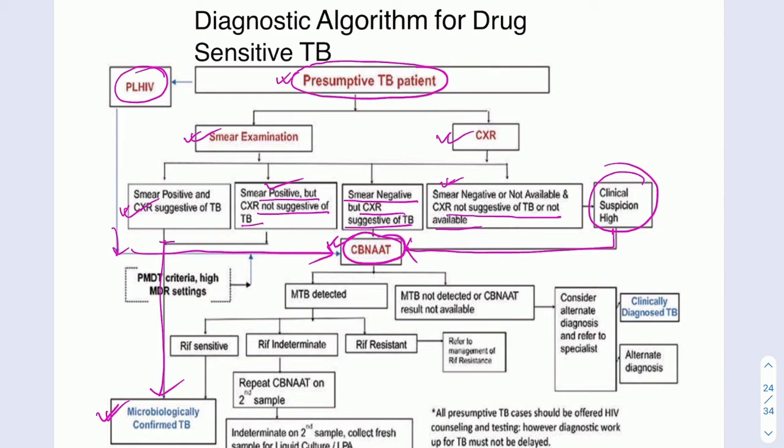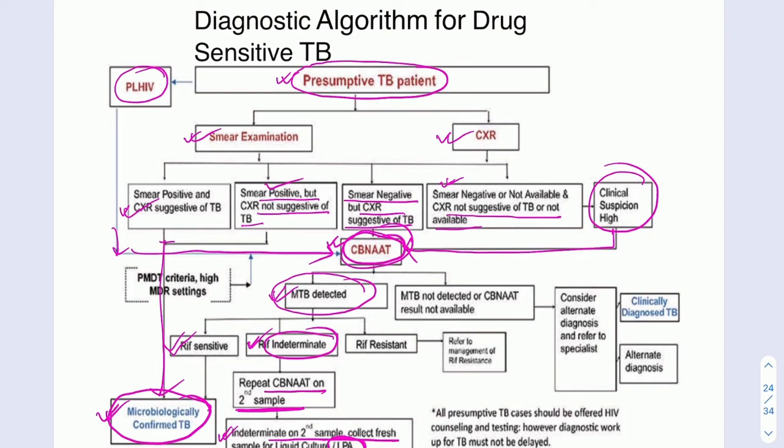Now, if via CB-NAT MTB is detected and rifampicin sensitive, then again we will call it microbiologically confirmed tuberculosis. If rifampicin resistance is indeterminate, we will repeat the CB-NAT on a second sample. If again indeterminate on the second sample, then we will collect a fresh sample for culture or line probe assay.